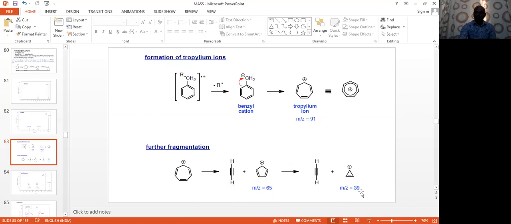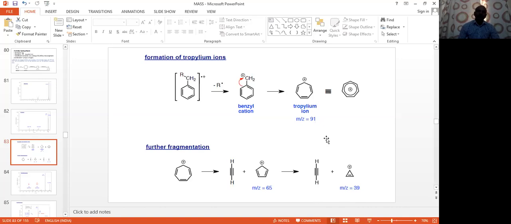Then further, this ion loses one more acetylene, and you have m/z 39. This is how you account for all the peaks appearing in substituted benzenes.